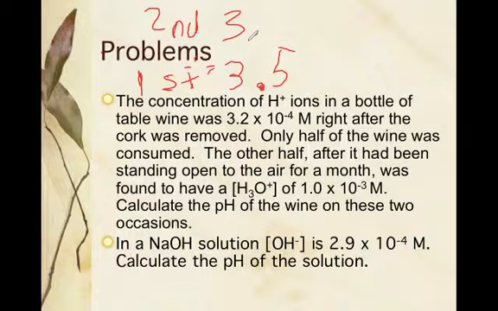Because that's your OH, that means your H3O is going to be 10 to the negative. All they had to do on the first one is take the negative log of those two numbers separately. So for the initial, it was negative log of 3.2 times 10 to the negative fourth, and then negative log of 1 times 10 to the negative third. That's it.